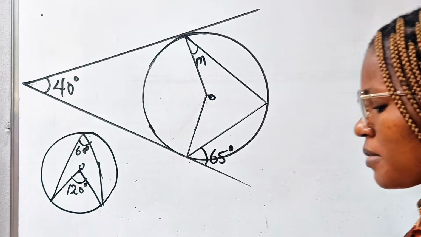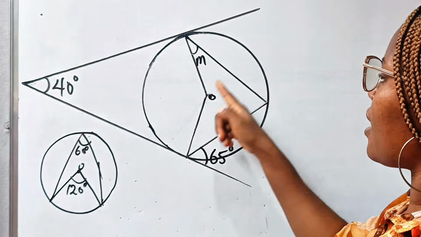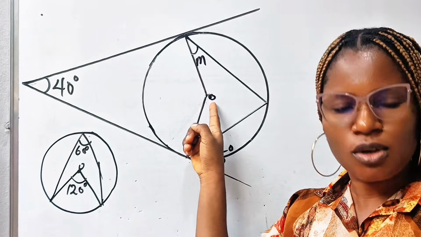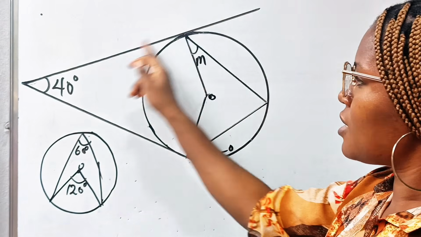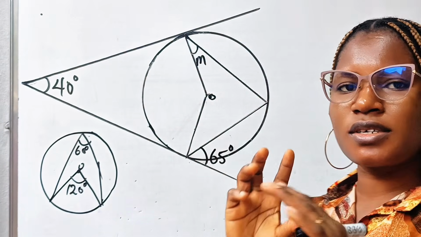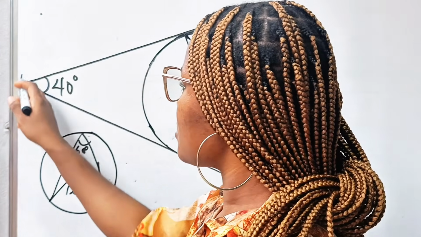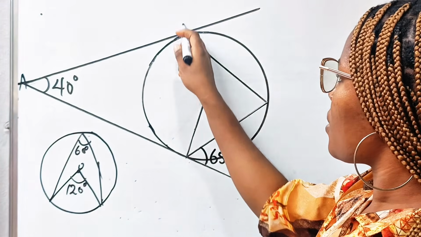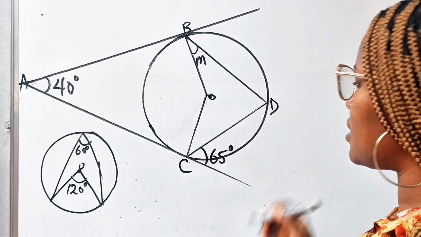Another particular theorem I'm seeing here is this. I'm seeing a tangent and I'm seeing a radius coming from the center of the circle. A tangent is a straight line that touches a circle at just one point, right? So if I call this point A, point B, point C, point D, all right?